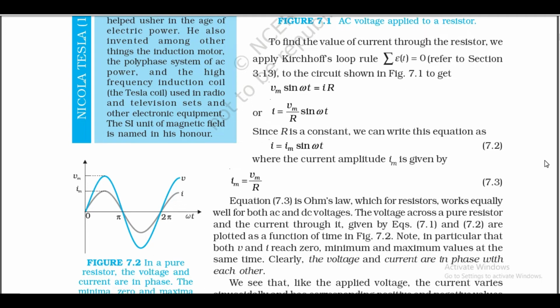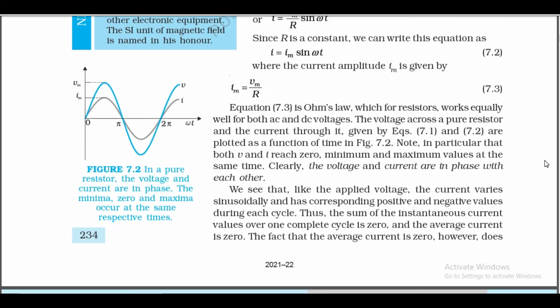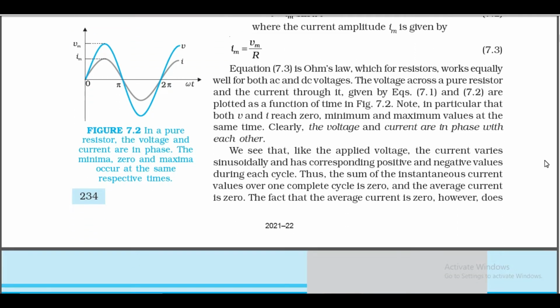Since R is a constant, we can write this equation as i = im sin omega t, where the current amplitude im is given by im = vm/R. Equation 7.3 is Ohm's law, which for resistors works equally well for both AC and DC voltage.